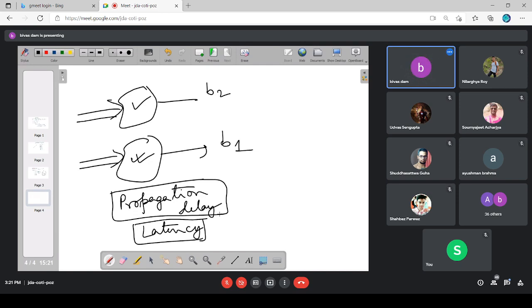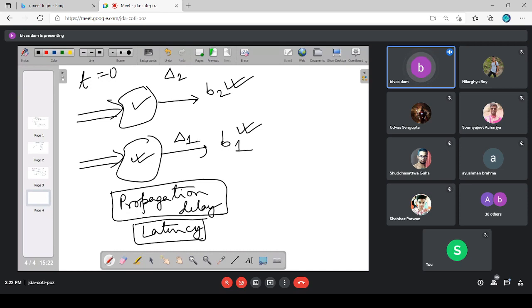So it is not guaranteed that B2 and B1 will respond simultaneously. As these circuits have different propagation delays, B2 and B1 may have different response times. Given the identical input applied at t equal to 0 seconds, it may so happen that B2 will be obtained in steady form after delta 2 time, and B1 after delta 1 time.